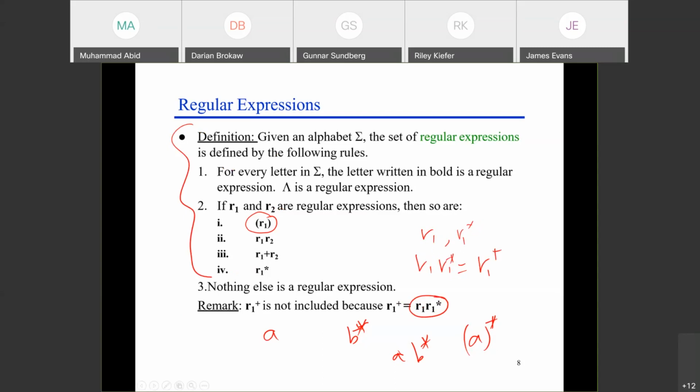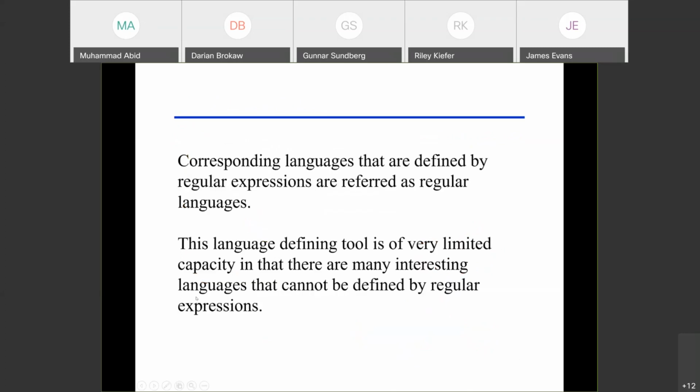And then, next slide. So corresponding languages: whenever you have a regular expression, we always say it will define a language. Now what is this language?